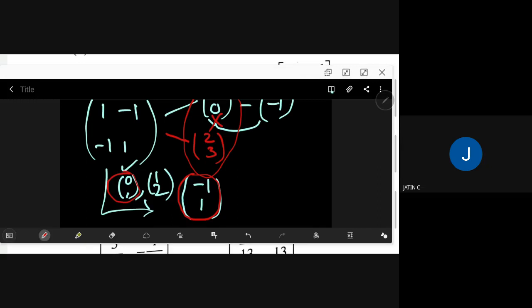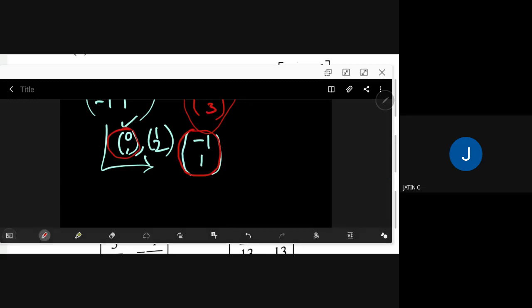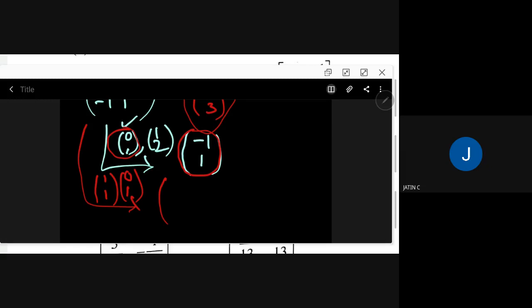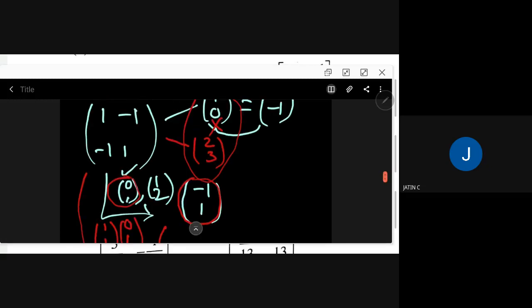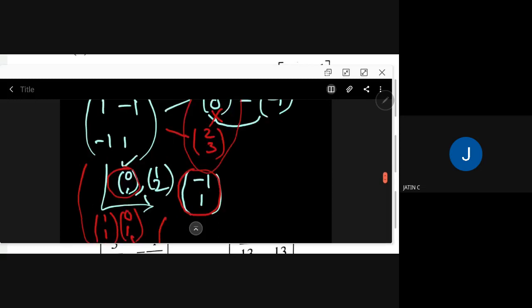If you go for 1, 1, 0, 1, this is how you need to go. If you multiply by 1, 1, what will be the result here? 1 minus 1 is 0, minus 1, 1, 0.